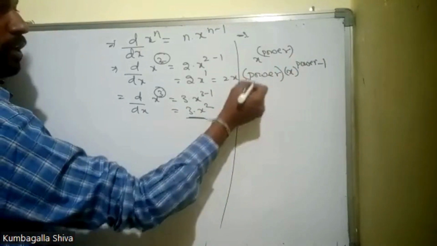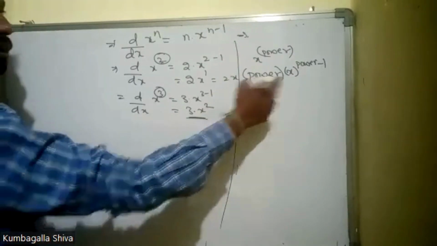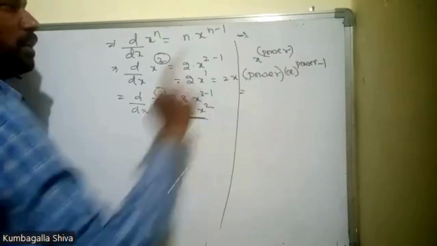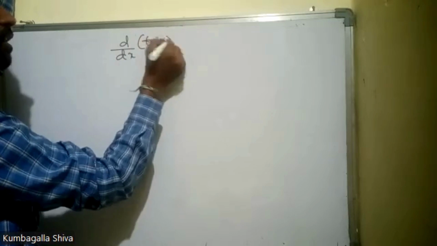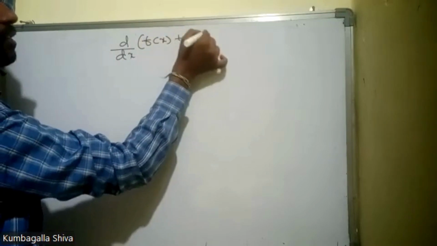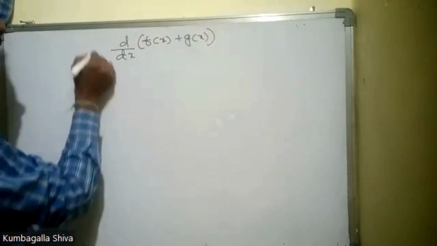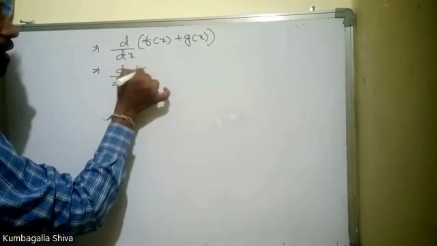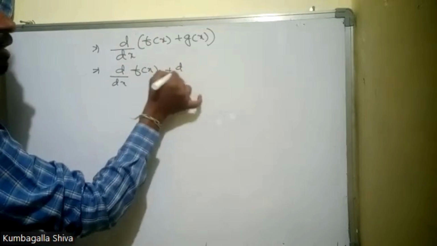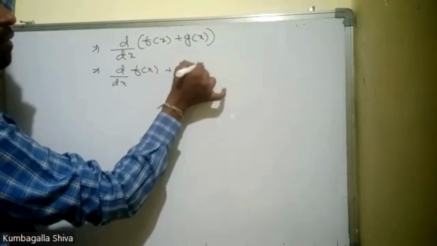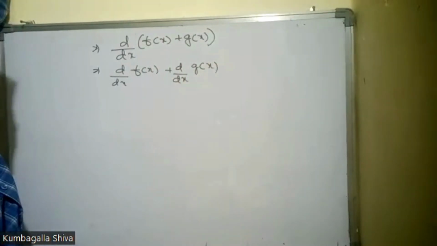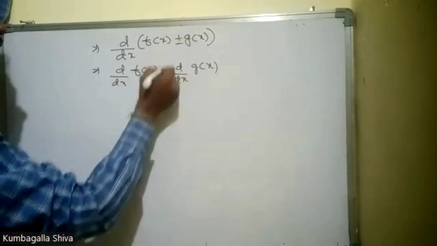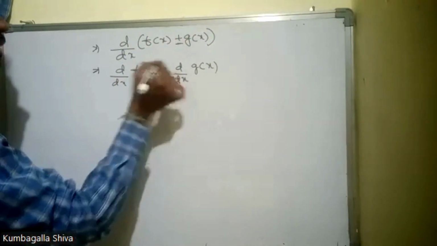For f of x plus g of x, what is the formula? You can write it as d by dx of f of x plus d by dx of g of x also. Are we clear? Just multiplying, plus or minus, plus or minus.